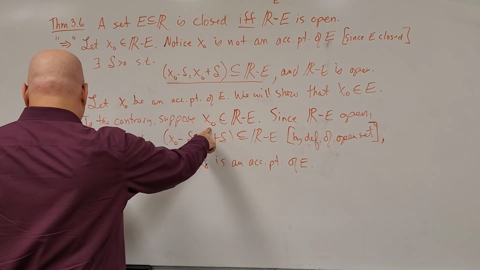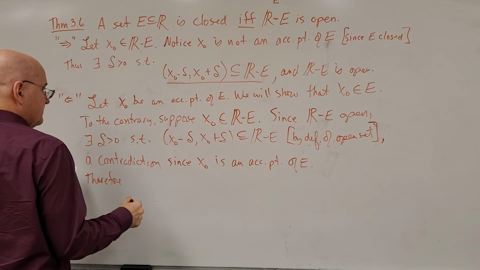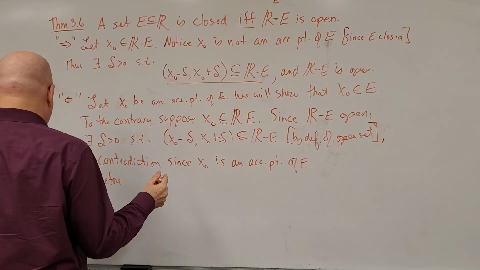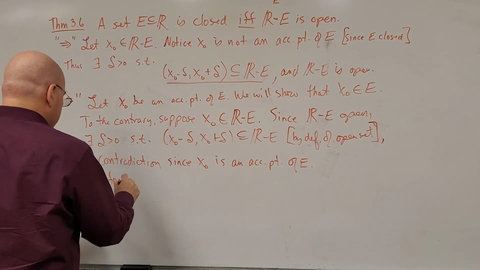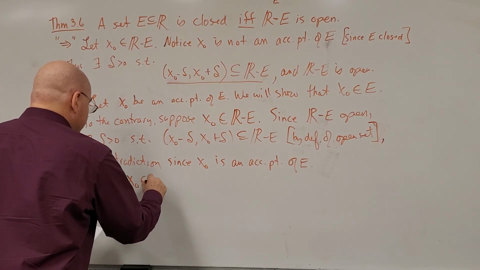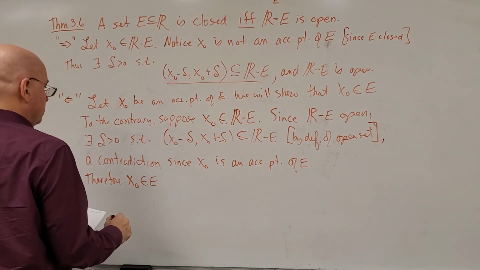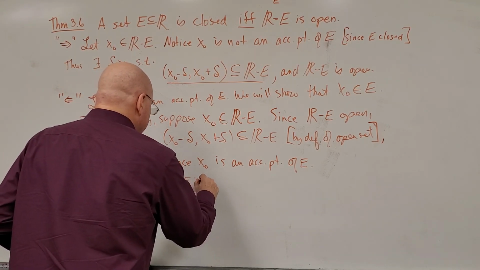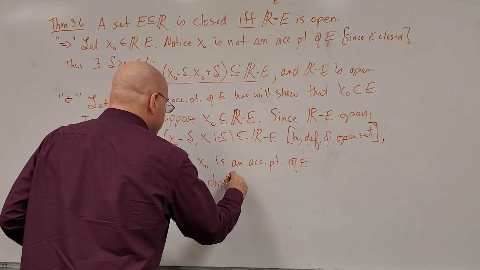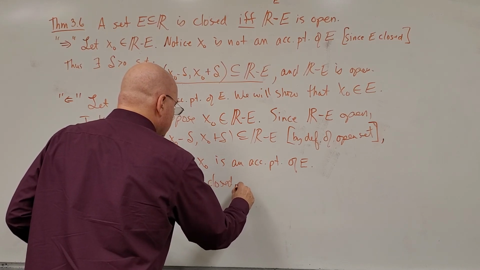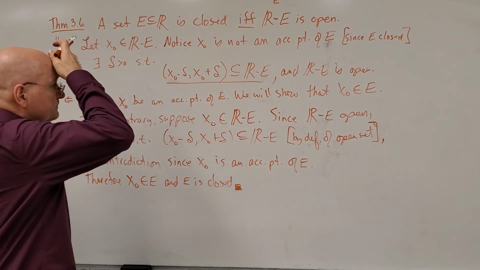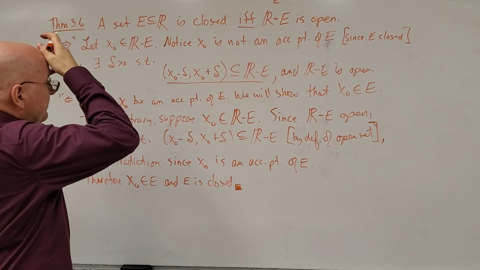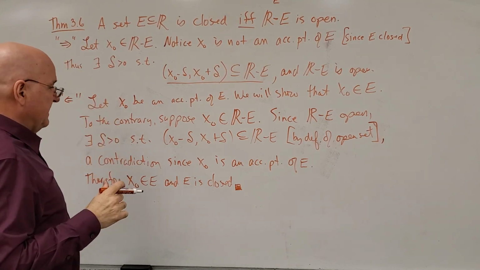X is not in R minus E. So we have, since x is an accumulation point, x naught is actually in E, and E is closed. So not a long proof, but required both the definition of an open set and a closed set.